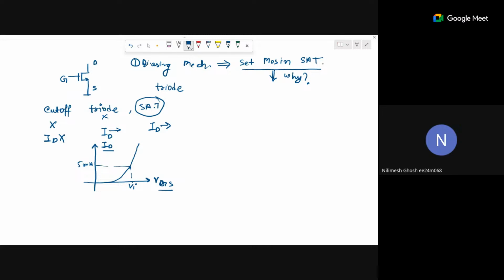If this VI voltage varies, some small VI varies here, then this I can vary. That's fine. But we are not talking about this. We are talking about the operating point. For a particular voltage, you will get a particular current. And in this region also, the MOSFET is on. Now, why only this? Why only saturation?